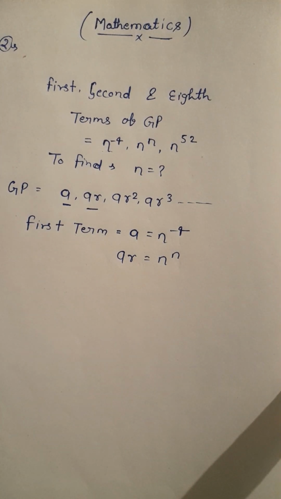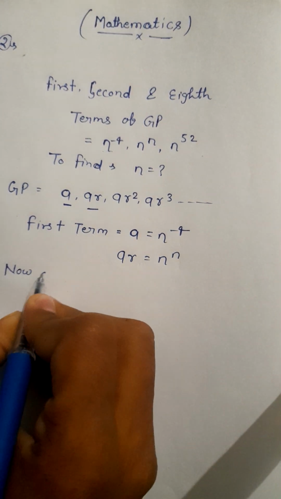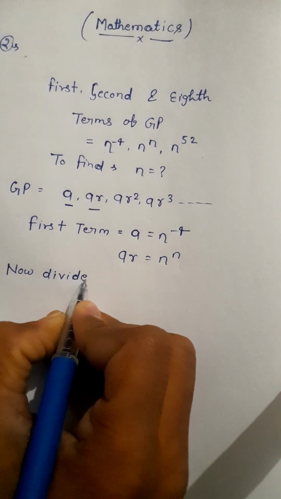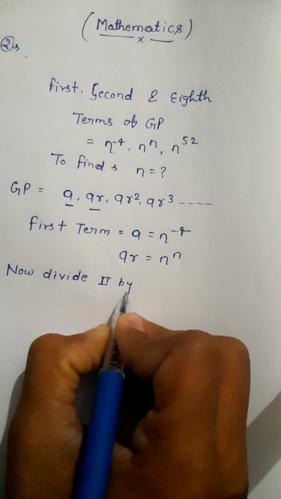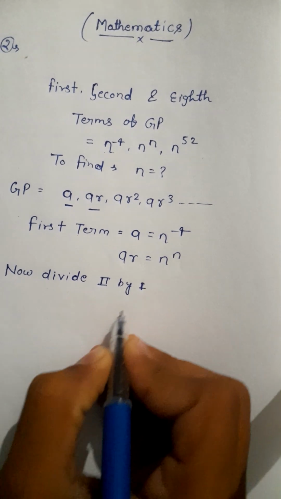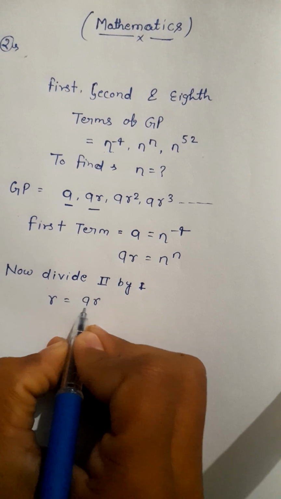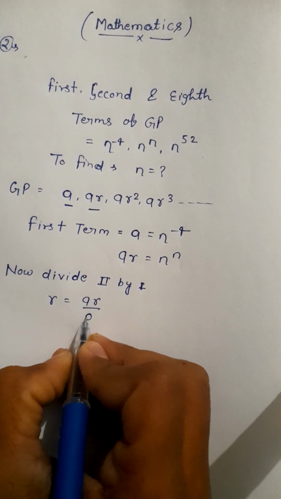Now you can easily see that if we divide the second term by the first, you get the value r equal to ar by a. This is the method for finding the value of r.